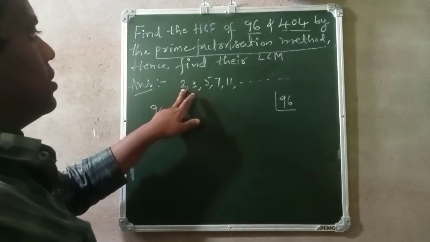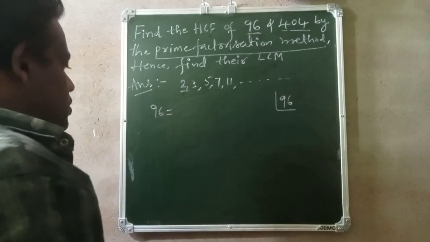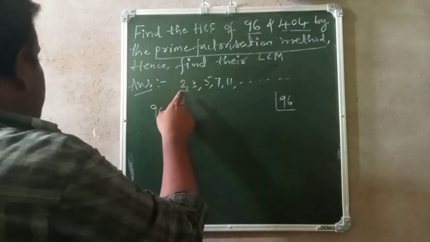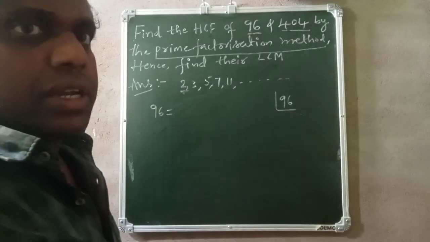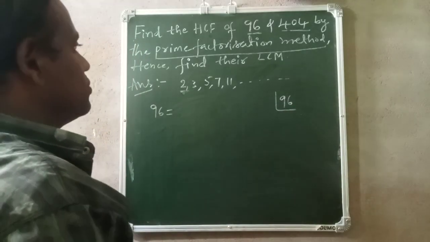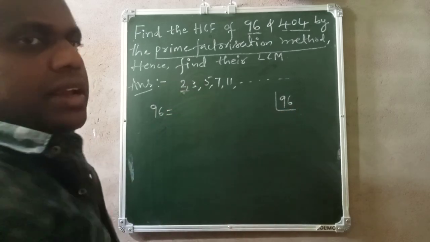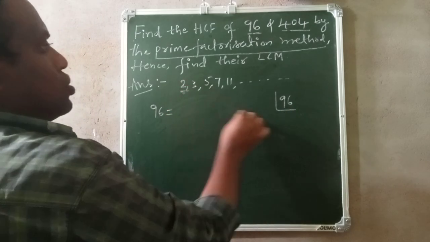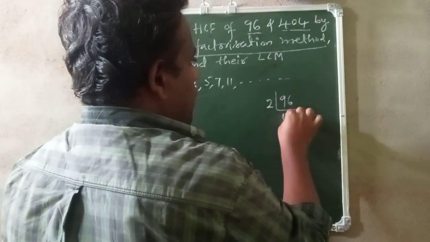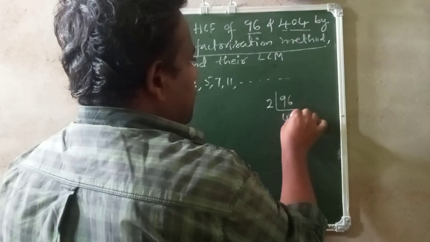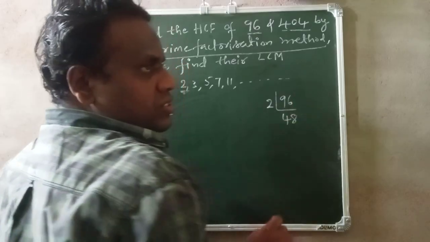Take the first prime number and check whether this 2 can divide 96 completely or not. Yes, 2 can divide 96 completely. So take this 2 here, and 2 48s are 96.